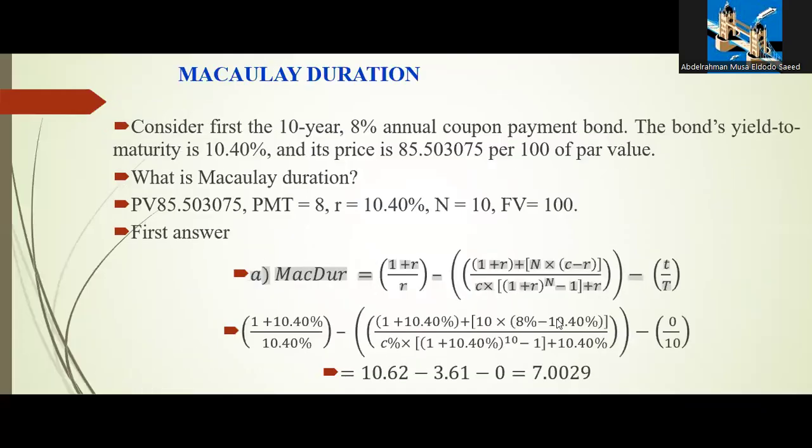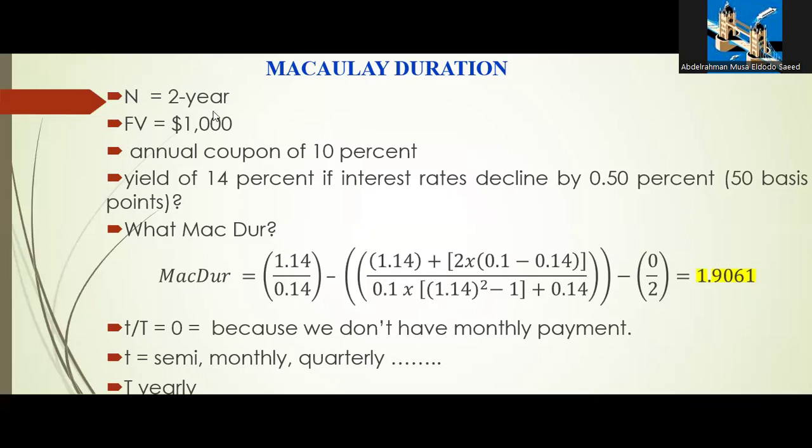Okay, here we can continue. So the N here is 2 years. FV is future value. Sometimes we call it face value or par value. The annual coupon rate is 10%.